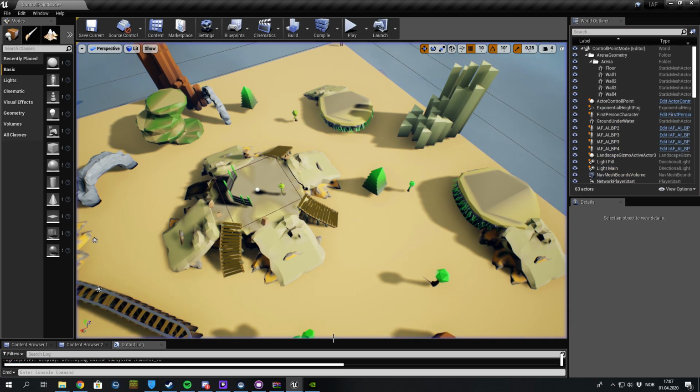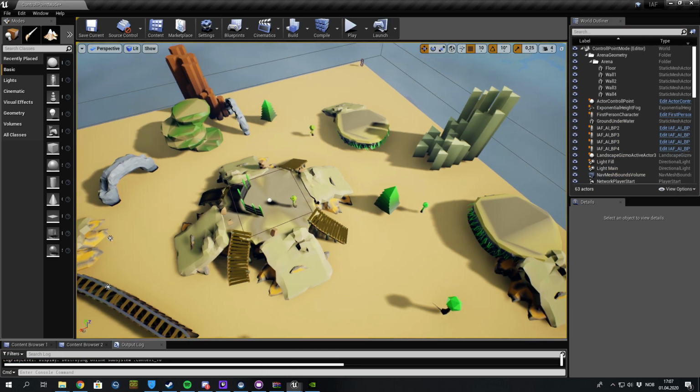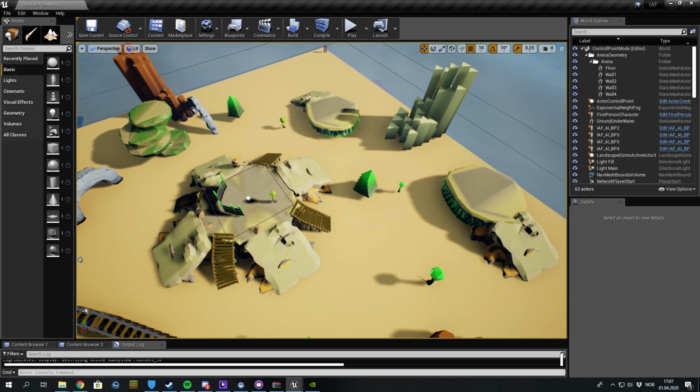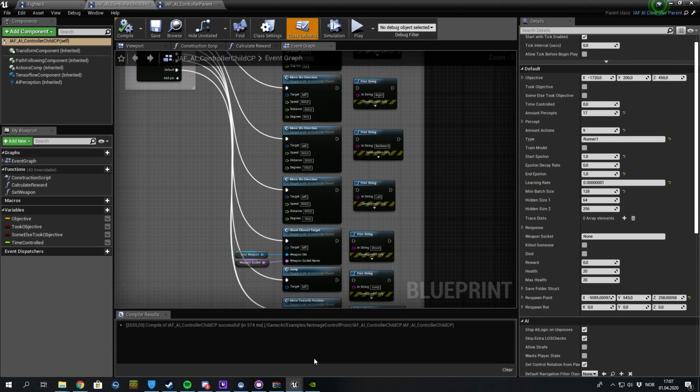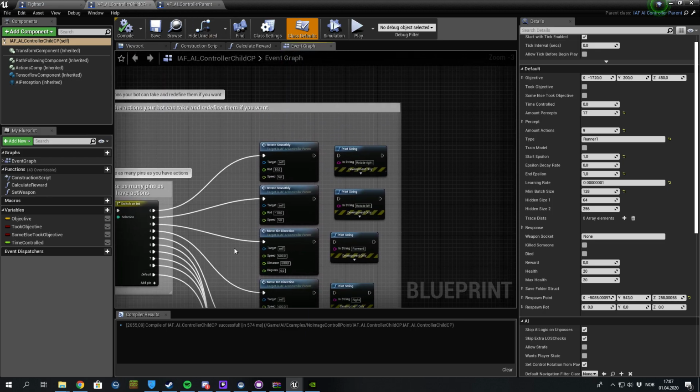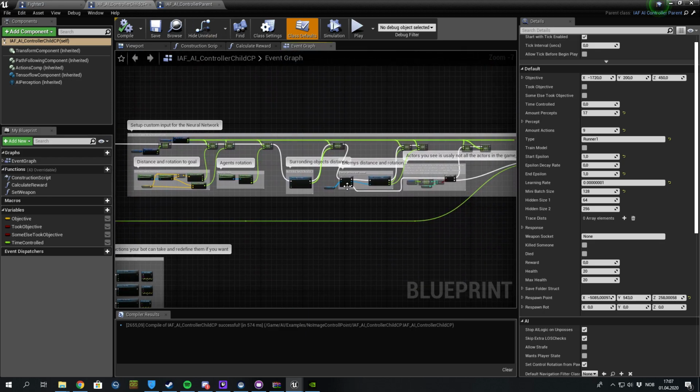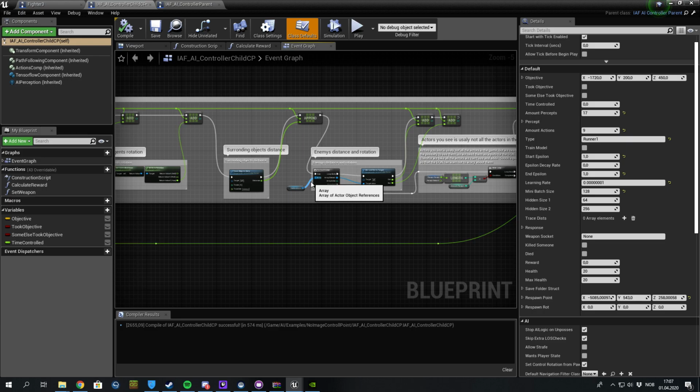So if we stop that, now we can use all the weights that we trained for this guy on the other agents, just to see that, for example, they have some problems figuring out when to shoot. Hopefully with a higher mini batch size and a more dense network, they'll be able to learn that as well.